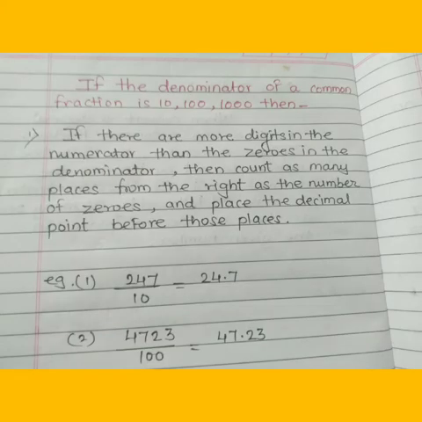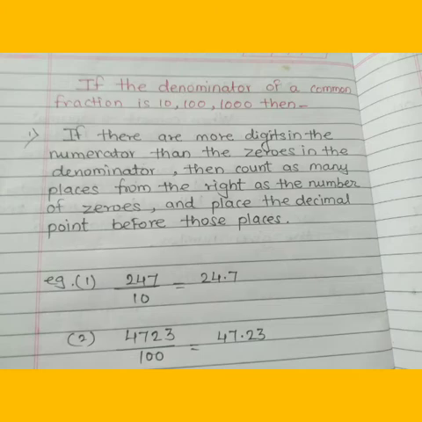Now next topic. If the denominator of a common fraction is 10, 100, 1000, then first, if there are more digits in the numerator than the zeros in the denominator, then count as many places from the right as the number of zeros and place the decimal point before those places.